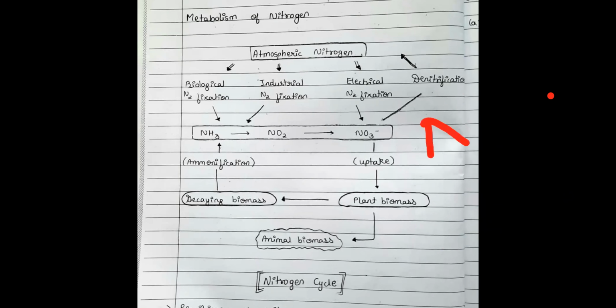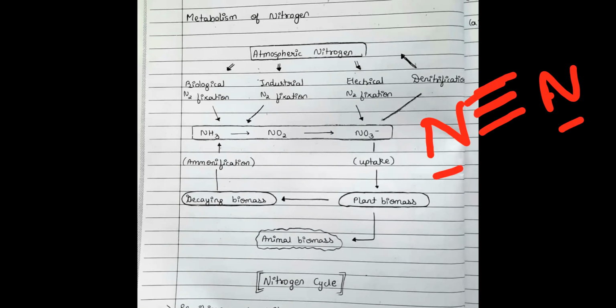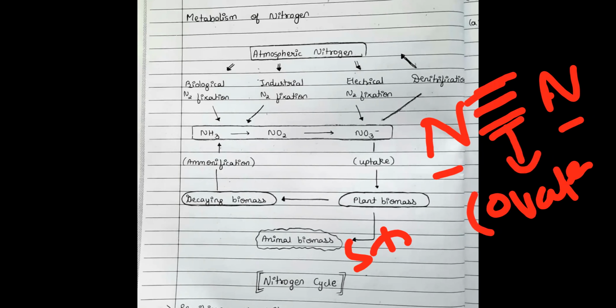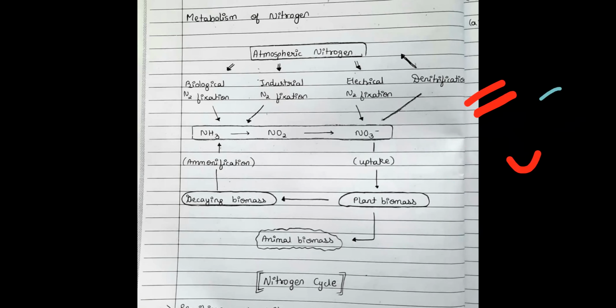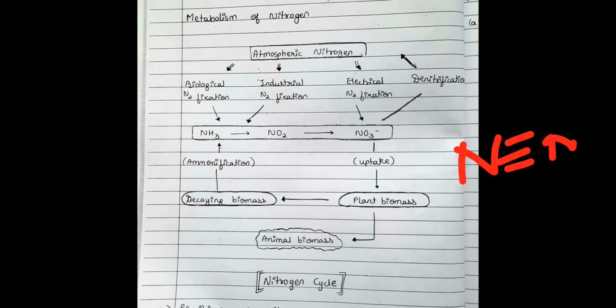Nitrogen in the atmosphere is present in this way. It has a valence of three. Two nitrogen atoms bond with each other through a strong covalent bond, three strong covalent bonds, and form N2.